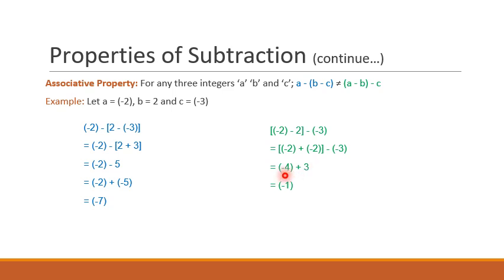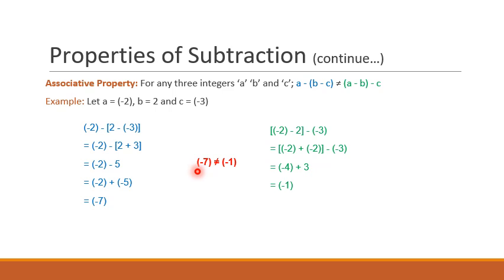Here, following the rules of addition, when the signs are opposite, subtract them and put the sign of the bigger number. So 4 minus 3, I get 1 and the sign will be minus, so minus 1. In this way, for the right hand side, my answer is minus 1.